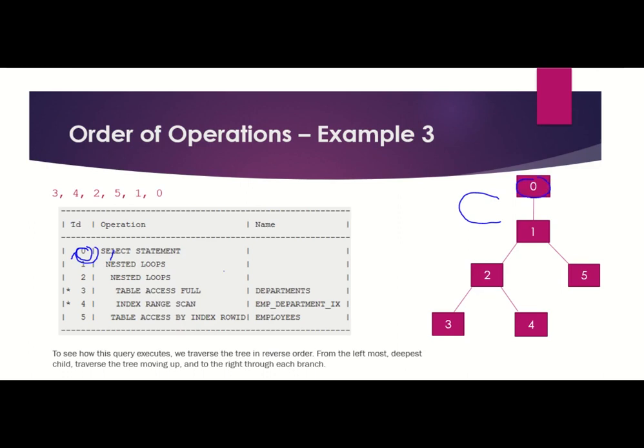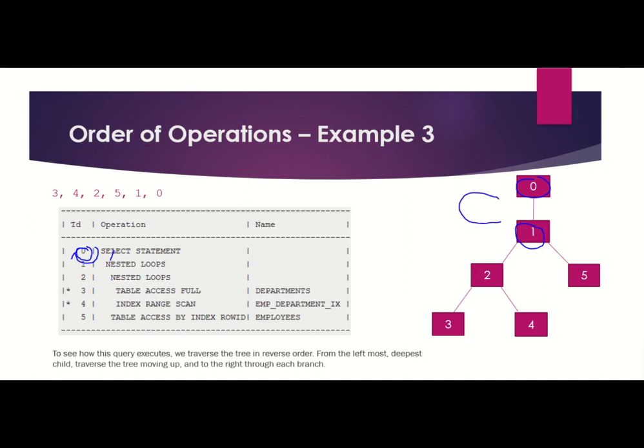The next operation is 1, and since it is indented inside towards 0, 1 becomes the child of 0. So 1 is written over here as a child of 0. The next operation is 2. Since 2 is indented towards the right side and under 1, 2 is the child of 1. Along with 2, there is operation number 5 which is on the same level as 2.